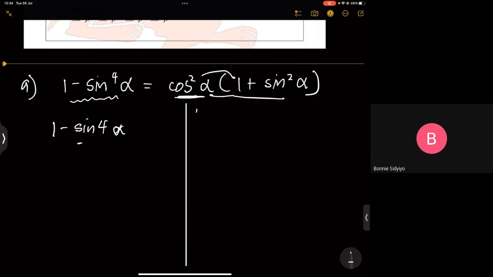Yes. And what is it? It's 1 minus sine squared of alpha. Right? So this guy here can change into 1 minus sine squared of alpha. And this one, 1 plus sine squared of alpha. Isn't that true?